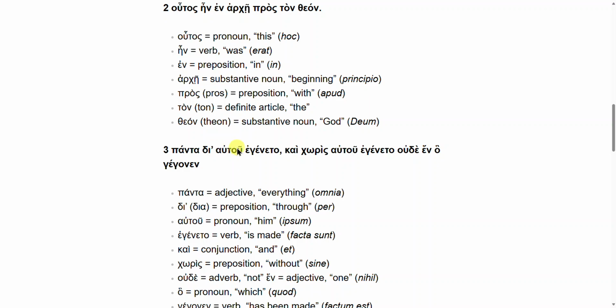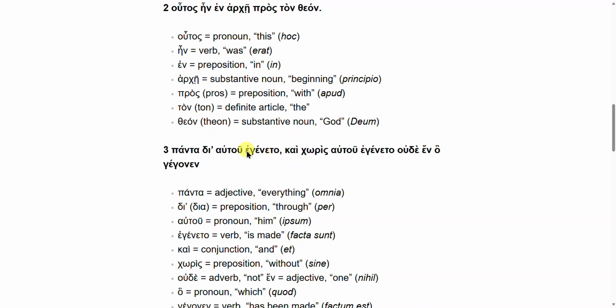Autou. Panta di'autou. Autou is a pronoun translated as ipsum in Latin, but can be translated him in English. So panta, everything, di'autou, through him, egeneto, epsilon, gamma, epsilon, nu, epsilon, tau, omicron.